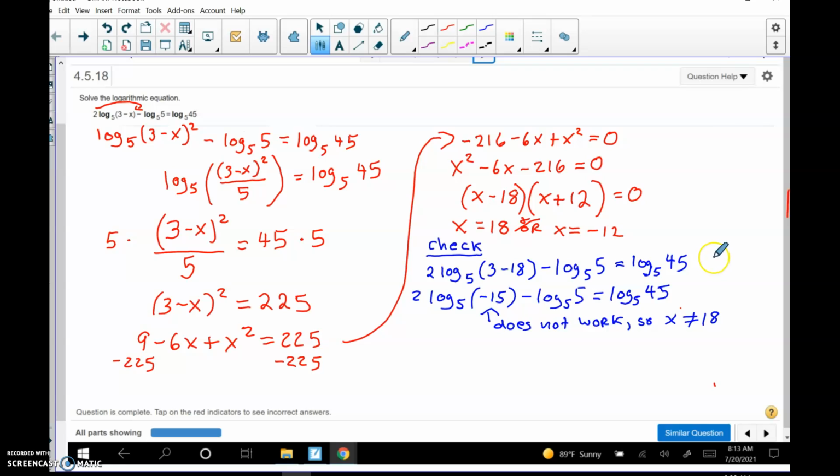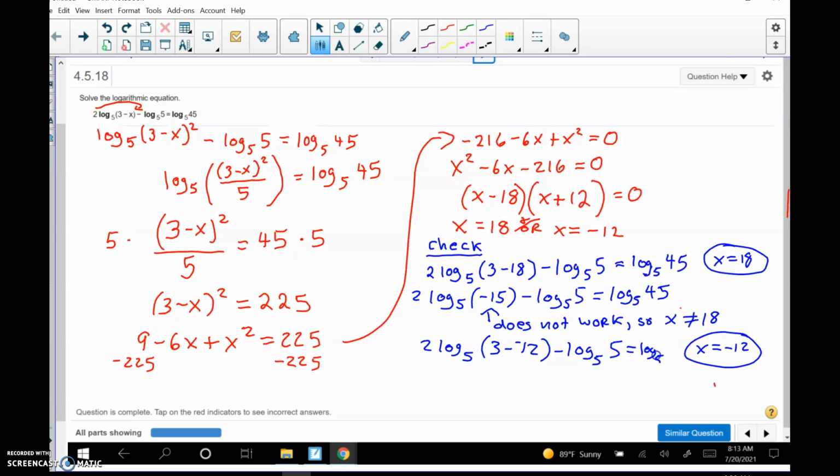So this was x is 18. This is going to be x is negative 12. All right, so we're going to get 2 log base 5 of 3 minus negative 12. Oh, okay. That looks good. Minus log base 5 of 5 equals log base 5 of 45.